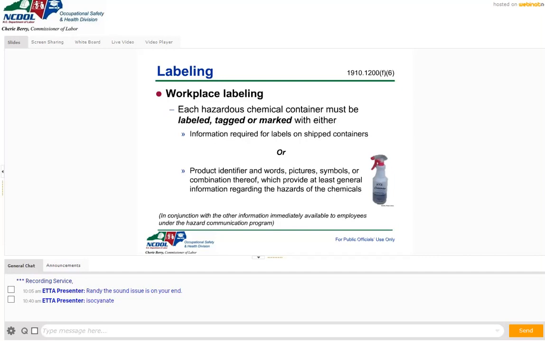Now, she said HMIS, or it could be HMIG. HMIS and HMIG are the same. There are two organizations that have rights to those designs, so you might see it as HMIS or HMIG. And you'll have color categories and numbers and protective equipment letters on that label.